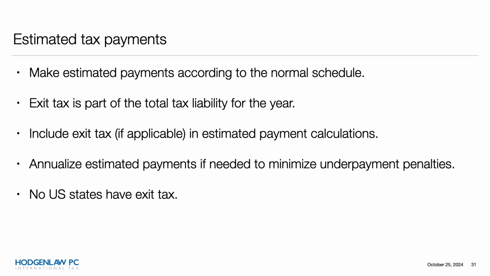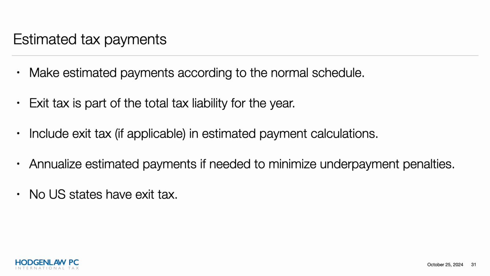For the expatriation year, you make estimated payments according to the normal schedule. You include your exit tax as part of the total tax liability for the year. So when you're in the year that you're making your estimated payments, you want to already be calculating the exit tax. You include your exit tax, if applicable, in your estimated payment calculations.